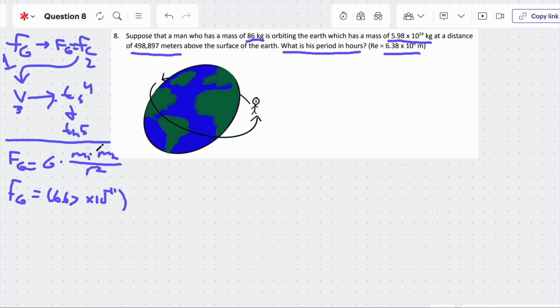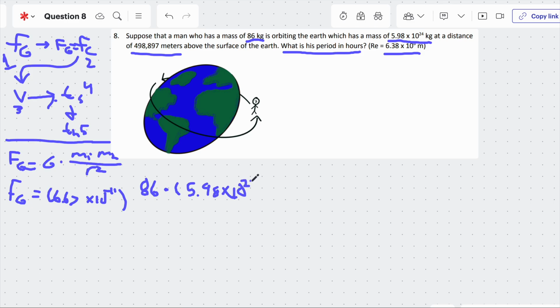Mass of object 1, it doesn't matter whether we assign the Earth or the dude to object 1, but I'm just going to pick the dude. So 86 times, and then mass of object 2, that's our Earth. So that's going to be this value up here, which is 5.98. Didn't they use 97 in another problem?